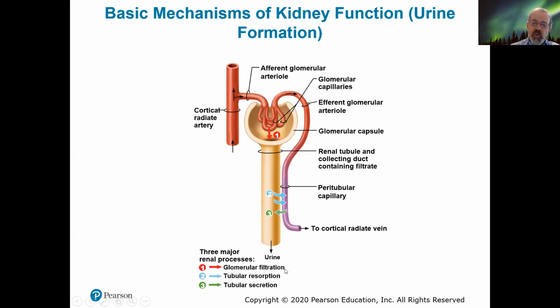The first one is called filtration. We take a look at the flow of blood into the kidney. This is a close-up view. This is really the glomerular capsule, and these would be some of the tubules. Blood enters the kidney through the afferent arteriole, which brings blood into the glomerulus, where it's filtered.